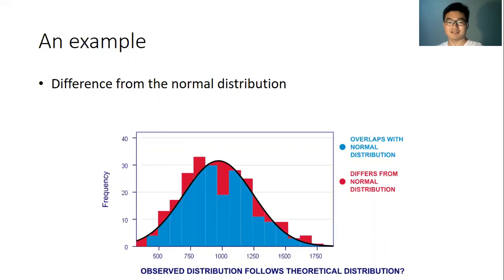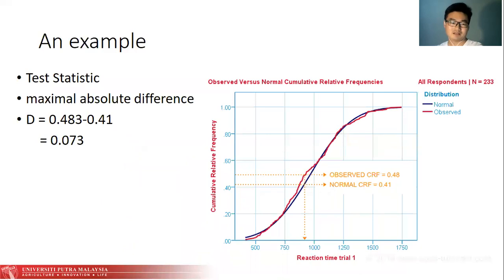This is the easiest way to understand how normality test works. But in SPSS, it works differently. It uses the cumulative relative frequencies. Here, these two lines stand for the normal cumulative relative frequencies and the observed cumulative relative frequencies. It calculates the maximal difference between these two lines.